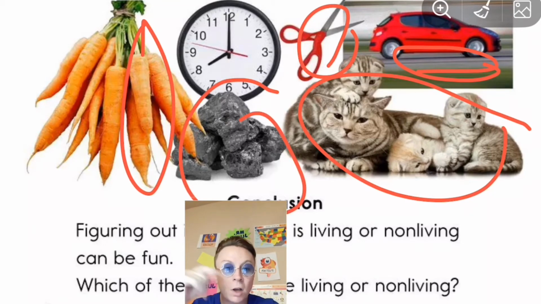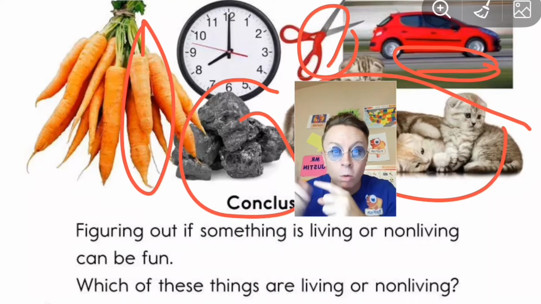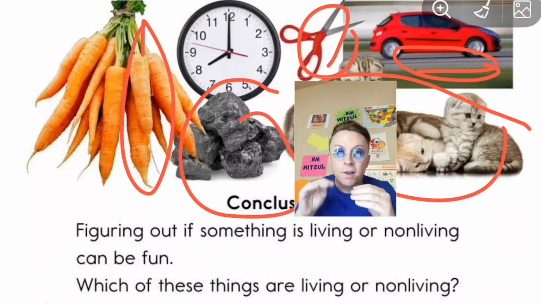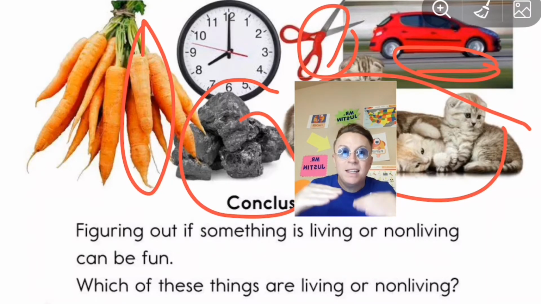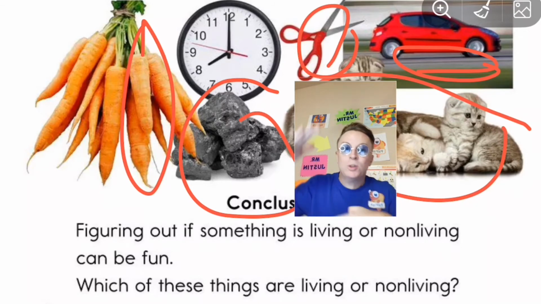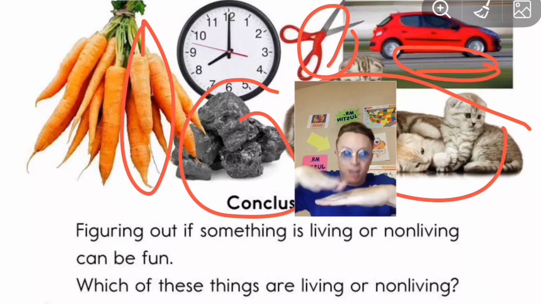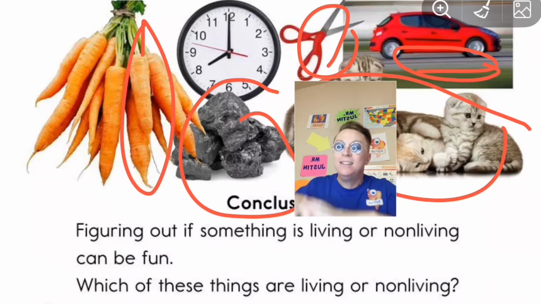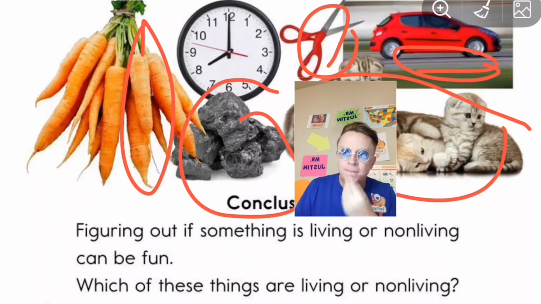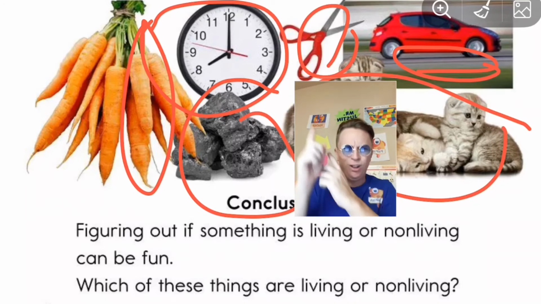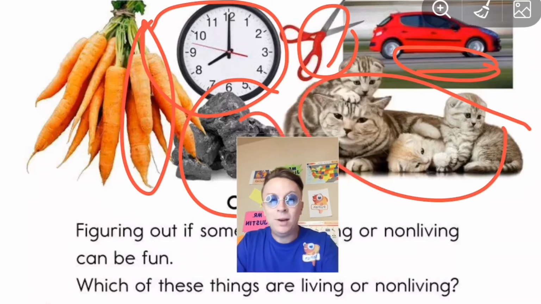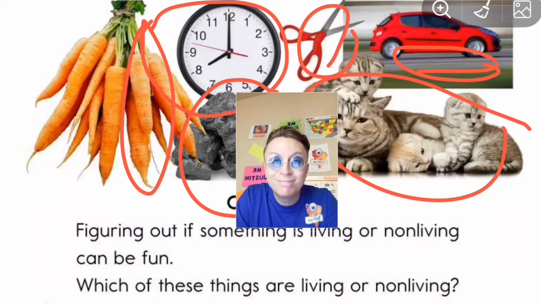The coal is a good one because coal is made up of thousands and millions of dead plants and animals piled on top of each other and compressed down and pushed down after millions of years. It's an interesting one. What about time? Is time living? Is this clock living? Anyway, these are all good questions.